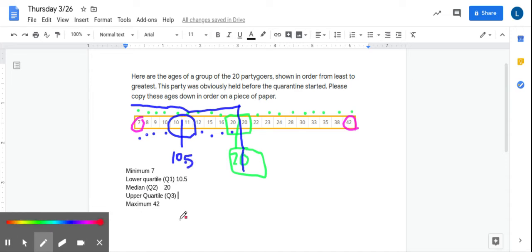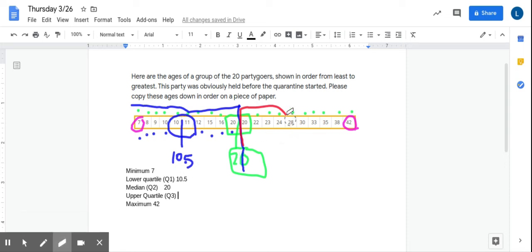All right, to find the upper quartile, I'm going to do the same thing, but with the upper half. Okay, so I'm going to include this 20 right here, and I'm going to use that as part of my set to find the median of the upper half. It's called the upper quartile, or Q3. So I'm going to do the same exact process.